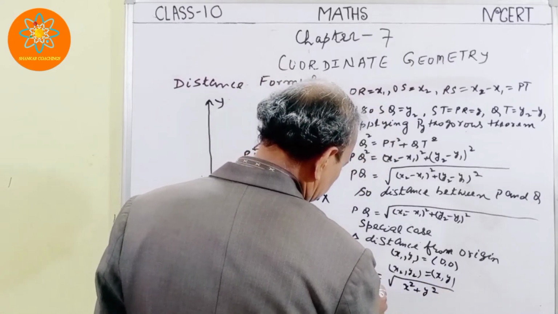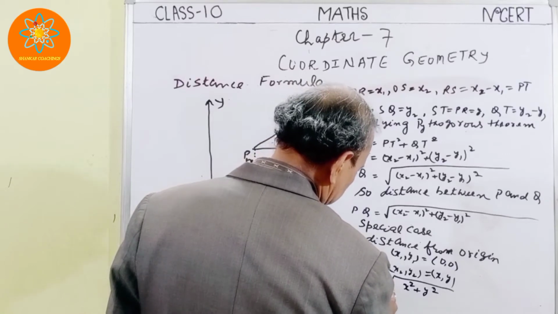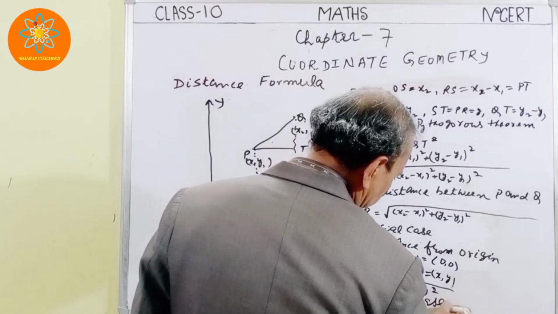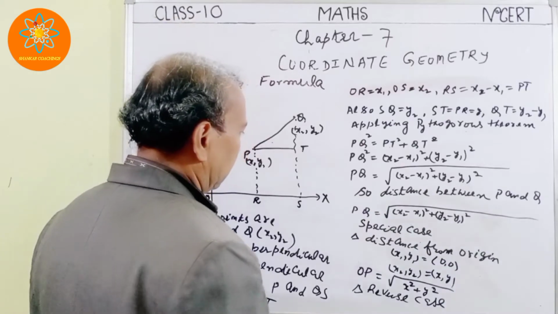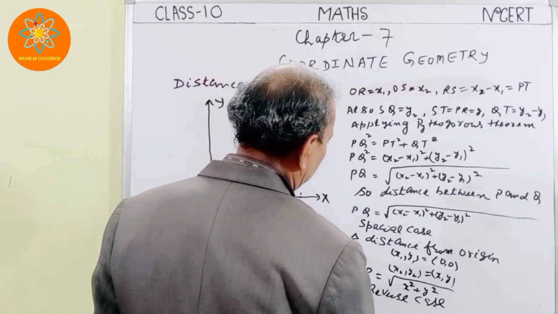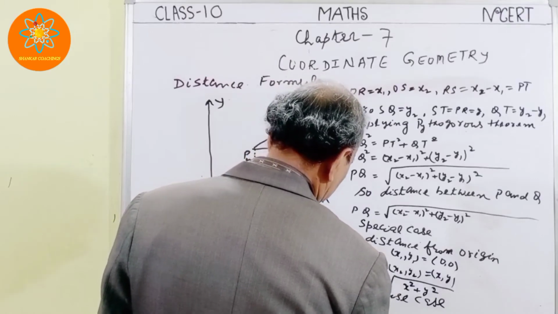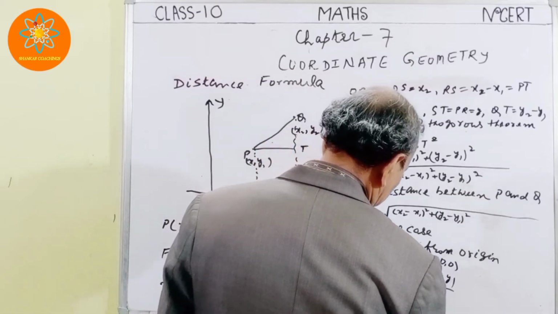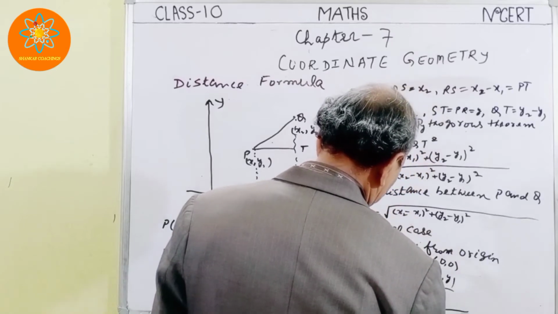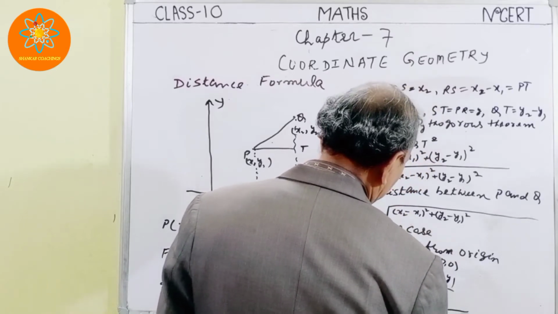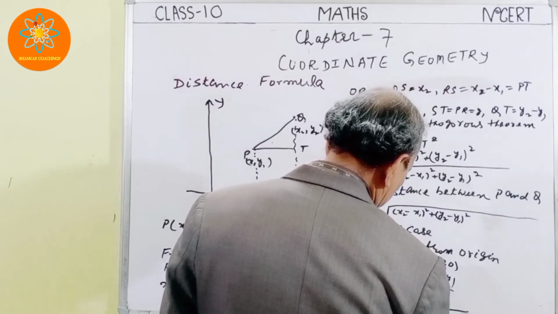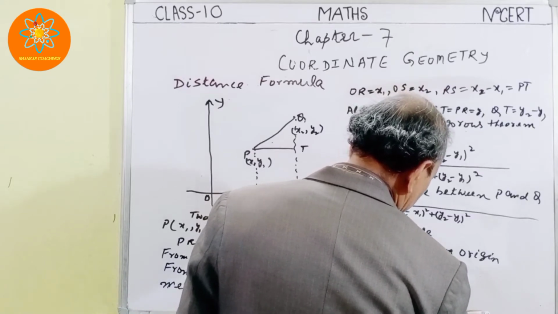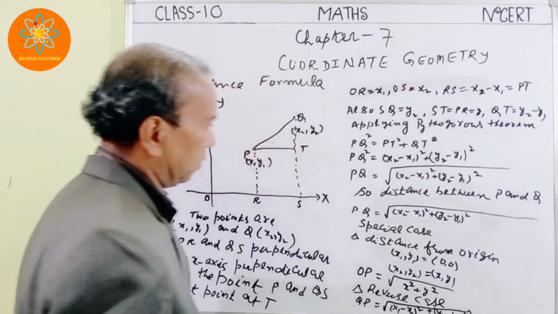Now the reverse case. If we make the reverse case, then QP is equal to under root of x1 minus x2 whole square plus y1 minus y2 whole square.